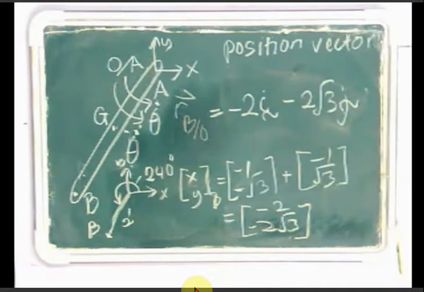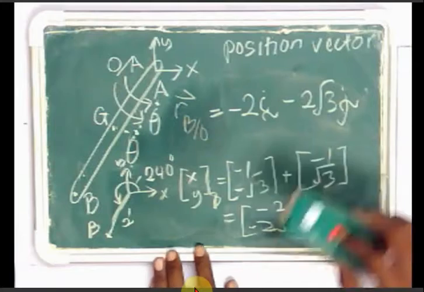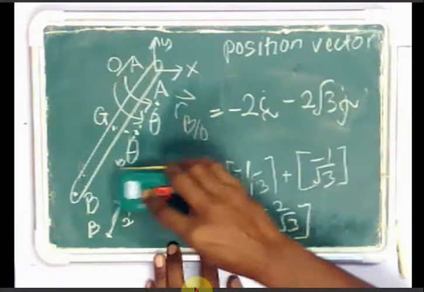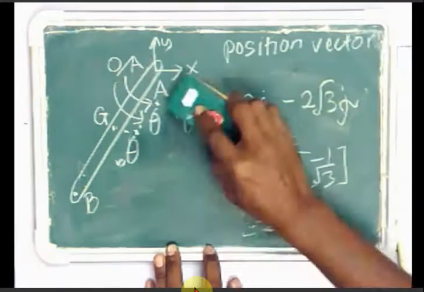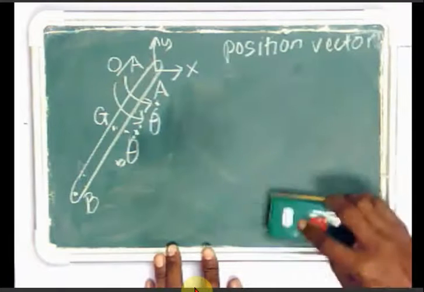So there is a position vector for B, and we can write again for all the points of interest, right?